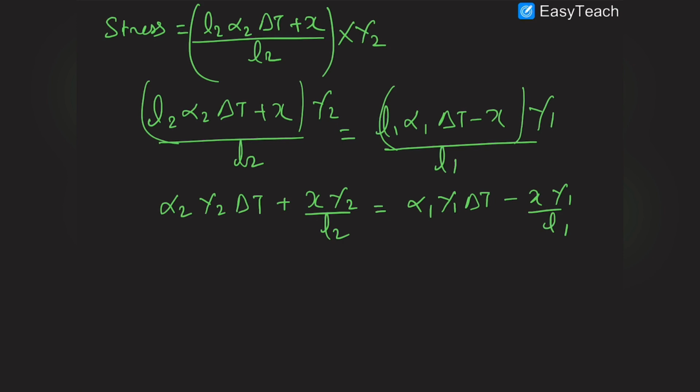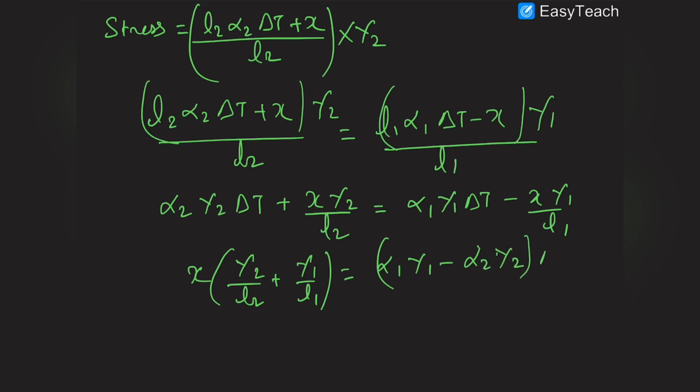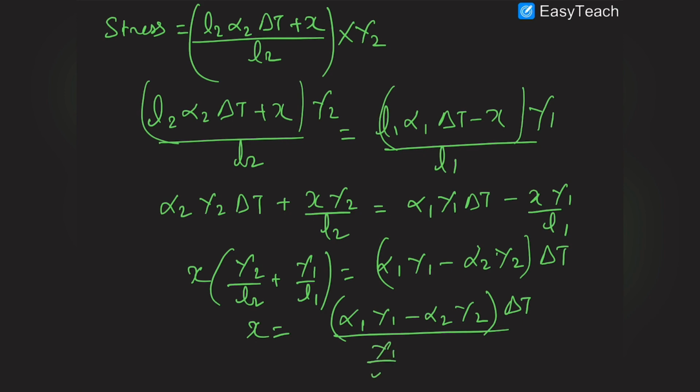Now you can take these x terms common. So this is (γ2 by L2 plus γ1 by L1), and it is equal to (α1 γ1 minus α2 γ2) into Δt, and x will therefore be equal to (α1 γ1 minus α2 γ2) into Δt divided by (γ1 by L1 plus γ2 by L2).